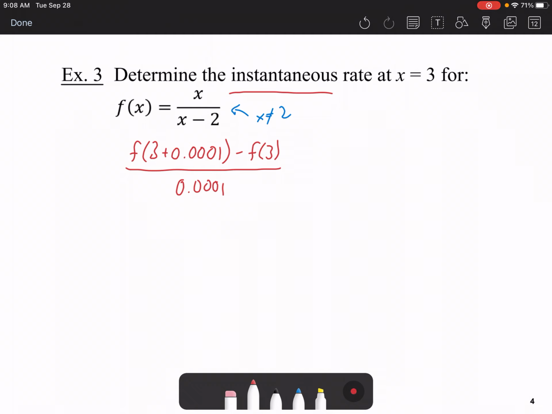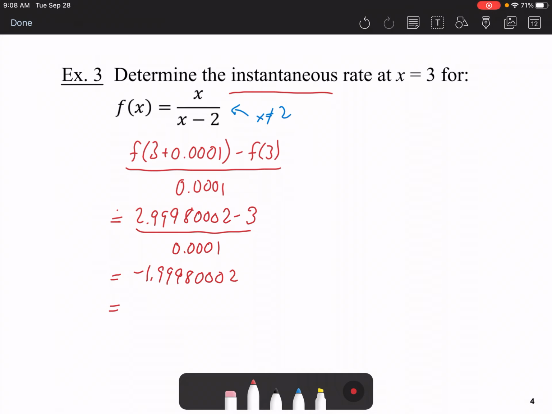Again, use your calculator and be careful to keep all the values. If you don't keep all the values, your answer will be very, very far off, and then you will lose marks for accuracy. And there you go. This is approximately -2.